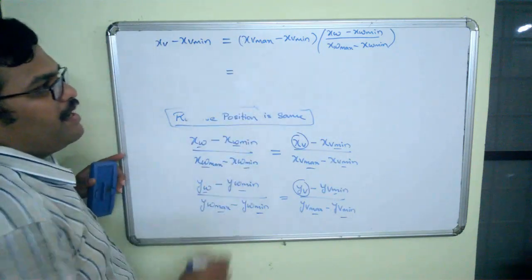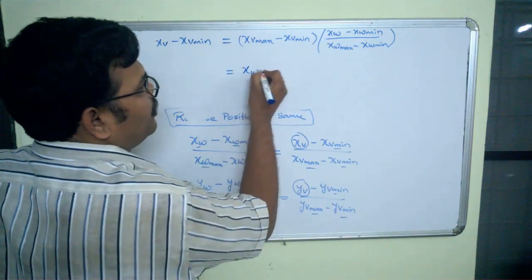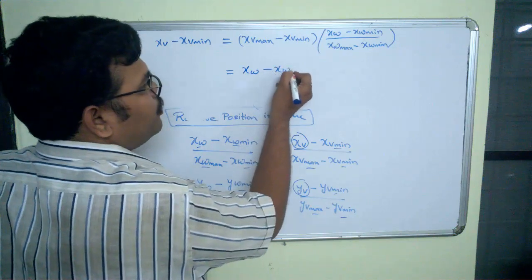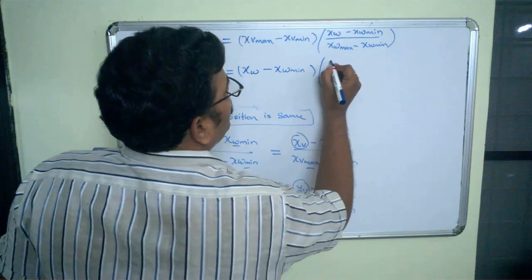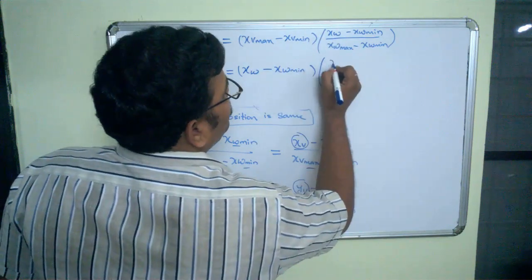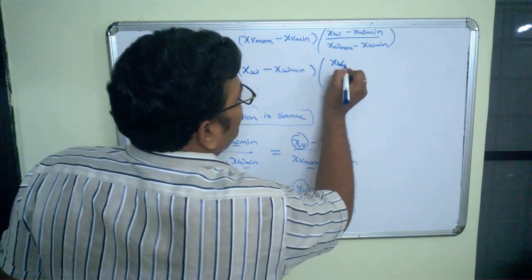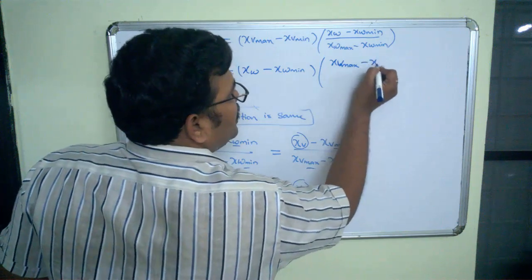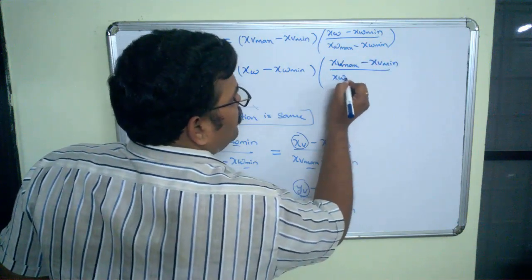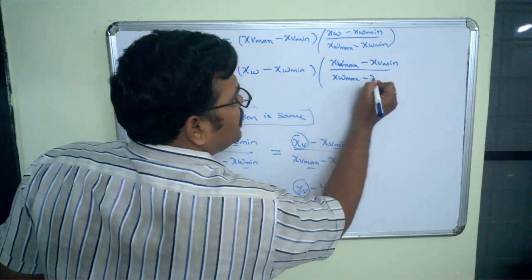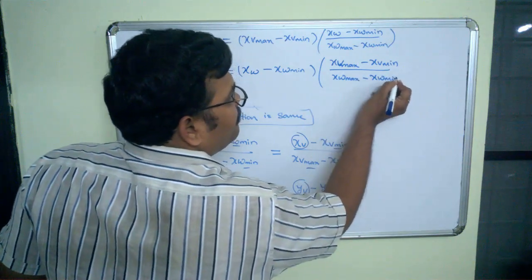So this can be written as xw minus xw minimum into, just replacing, xv maximum minus xv minimum by xw maximum minus xw minimum.